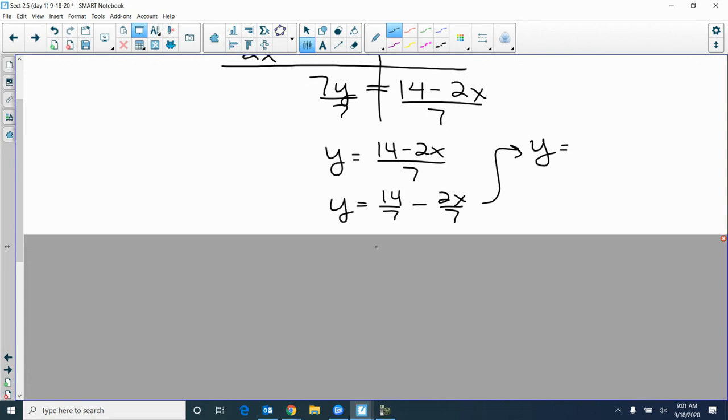Now, what is 14 divided by 7? 2. All right, now here's where you got to watch. Does 7 go into 2 evenly? If you did, it's going to give you a decimal, right? Leave it just like it is. Leave it as a fraction. So write minus 2x over 7, or that's the same as 2/7 x. Either way.